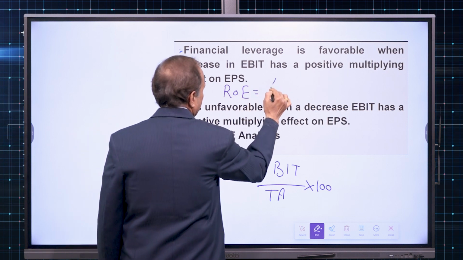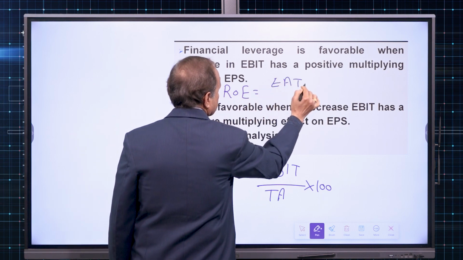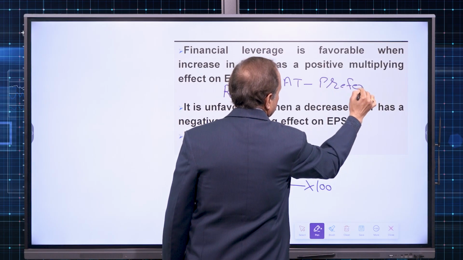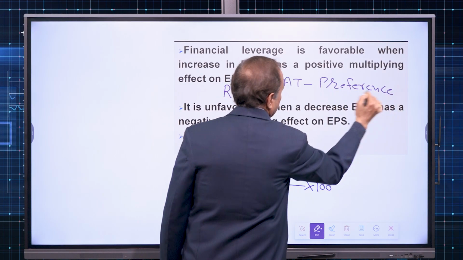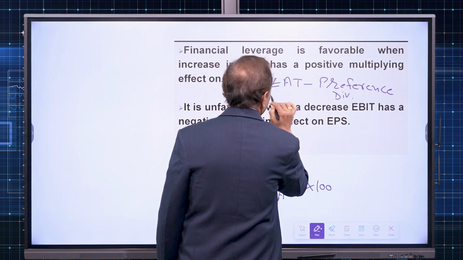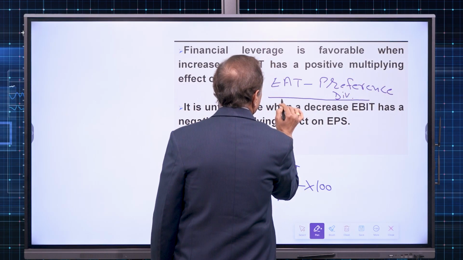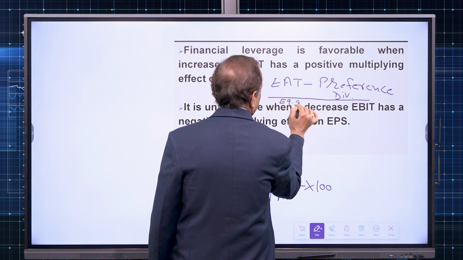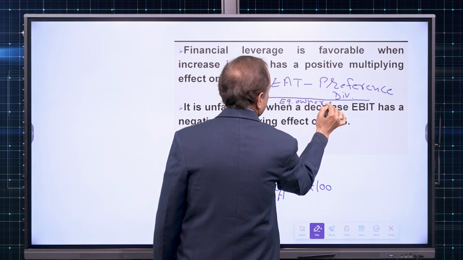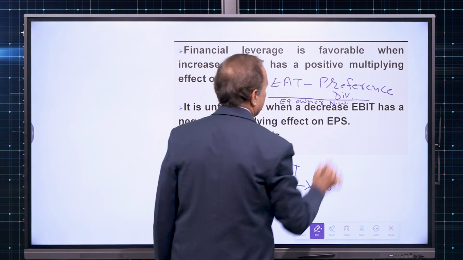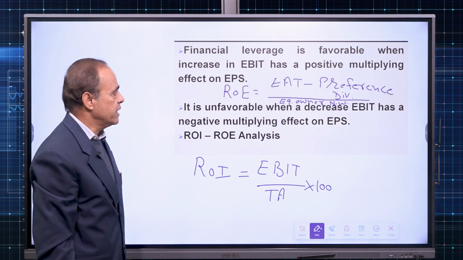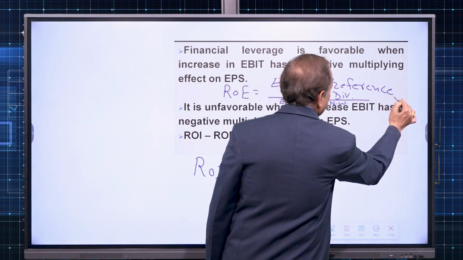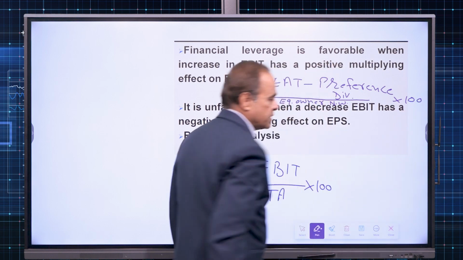ROE is earning after tax minus preference dividend, divided by equity owners' net worth. So that is our ROE formula, definitely multiplied by 100 to give the answer in percentage.